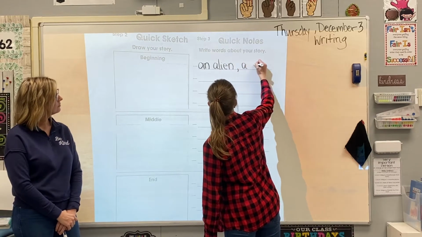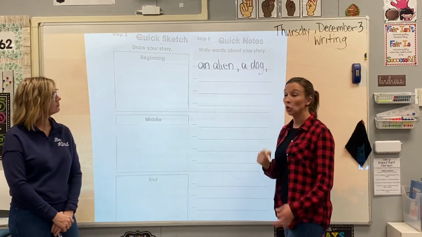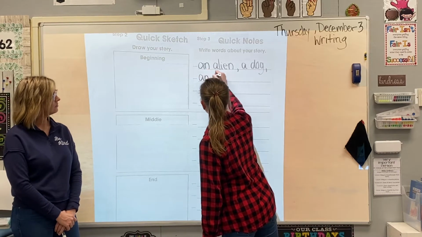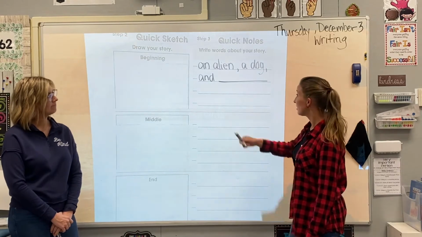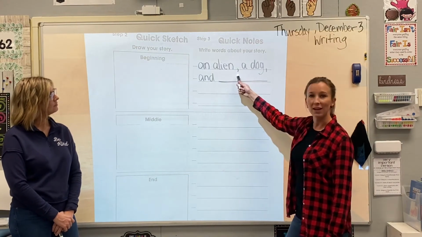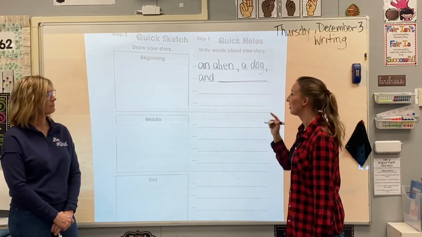I know that we have a dog. What I don't know is who the other character is. So our students are going to have to tell me who that character is. If yours is a ballerina or a zombie or a basketball player, you can write that here on the lines. We have an alien, a dog, and whoever your third character is.